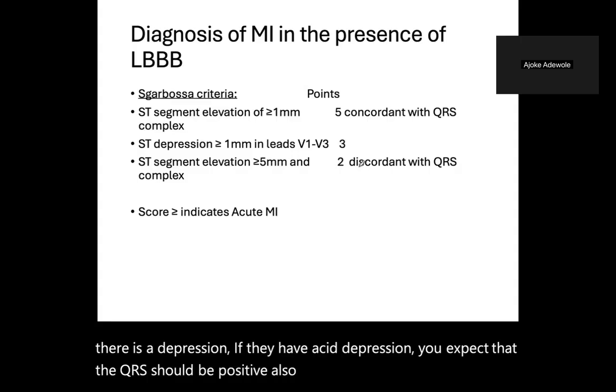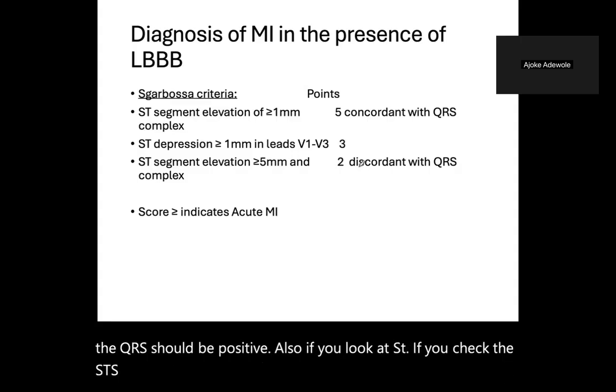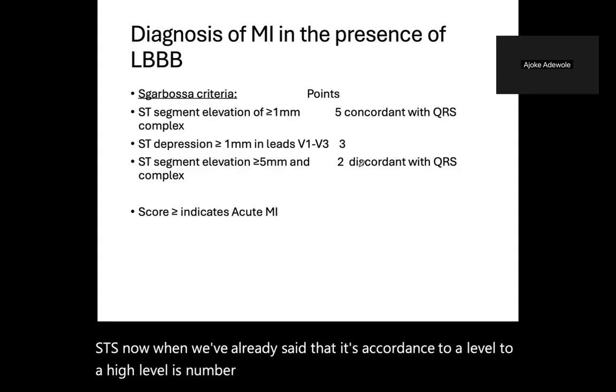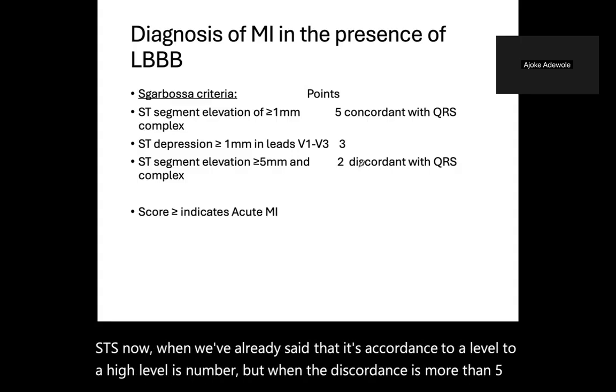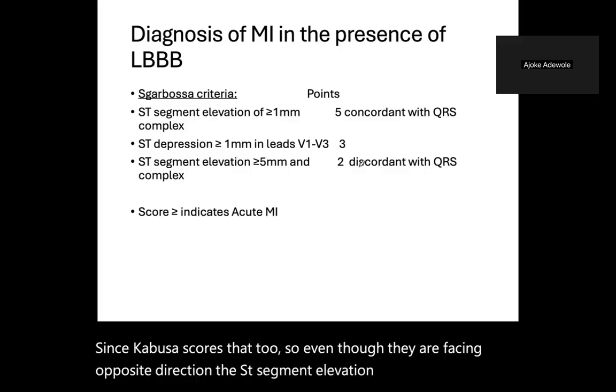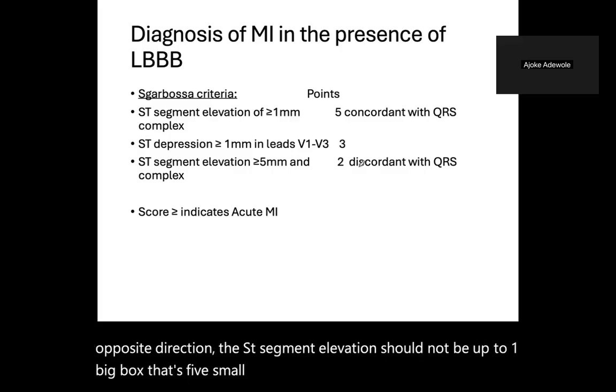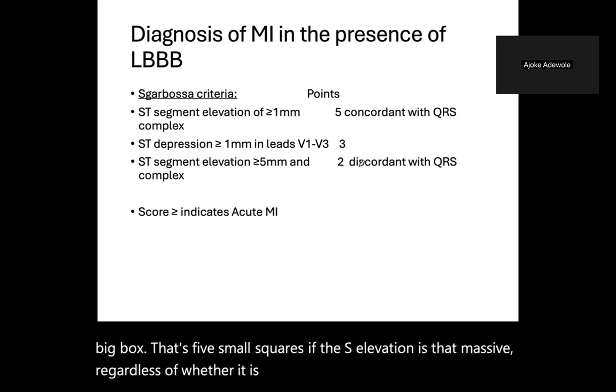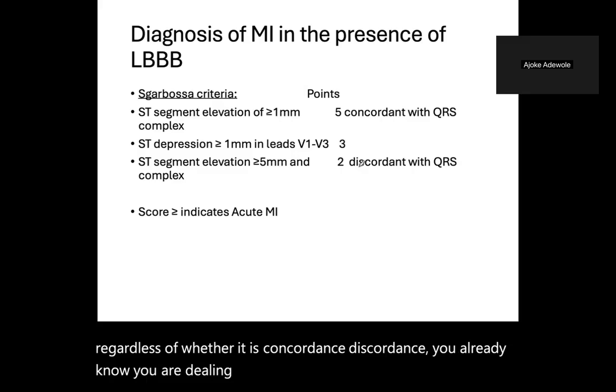Also, we've already said that discordance to a high level is normal, but when the discordance is more than 5 millimeters, then Sgarbossa scores that too. So even though they are facing opposite directions, the ST segment elevation should not be up to one big box, that's 5 small squares. If the ST elevation is that massive, regardless of whether it is concordant or discordant, you already know you're dealing with an ST elevation MI there.